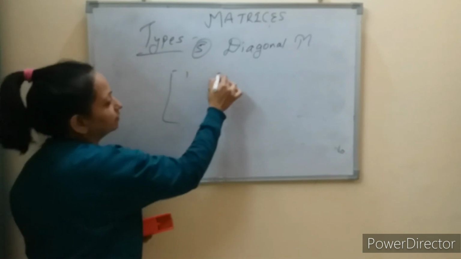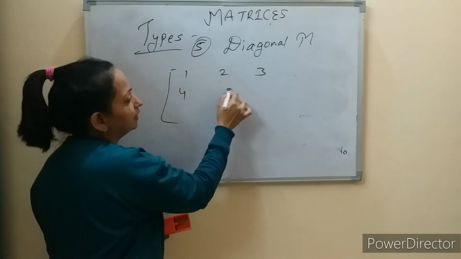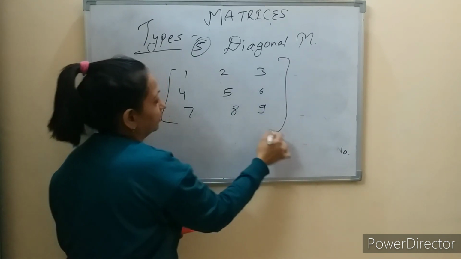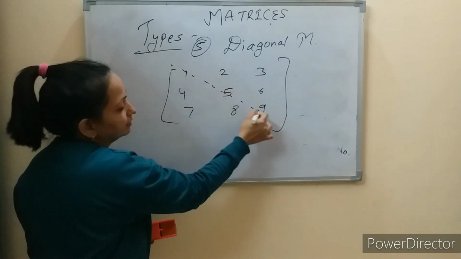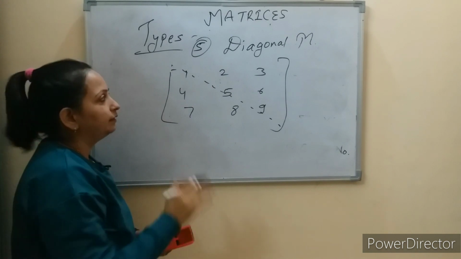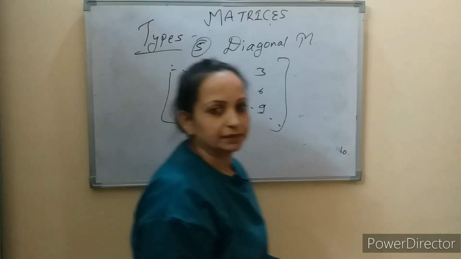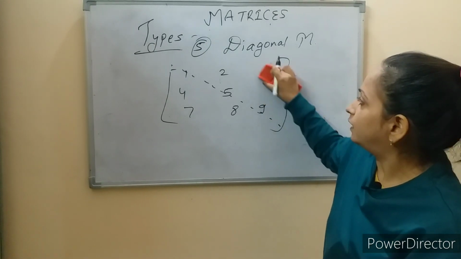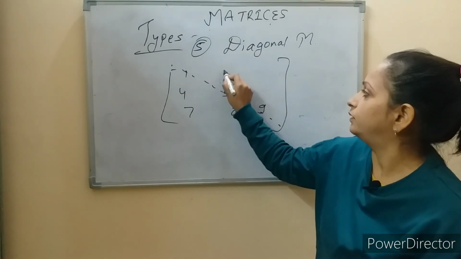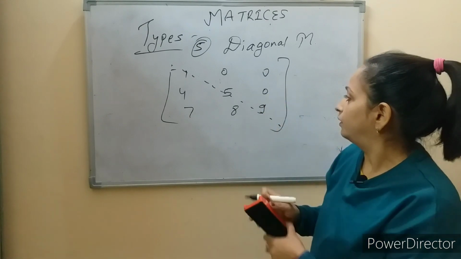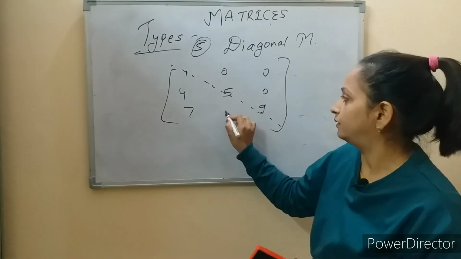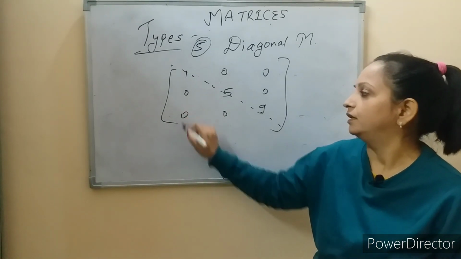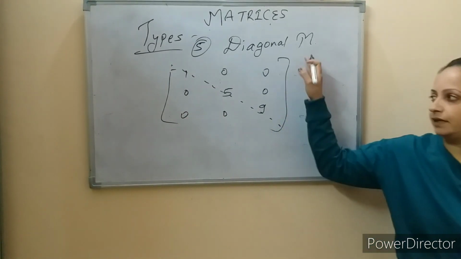The definition of diagonal matrix says that in a square matrix, if this is called my diagonal, and all the non-diagonal elements are 0, only we have elements at the diagonal places, and at the other places all are 0, then it is called a diagonal matrix.